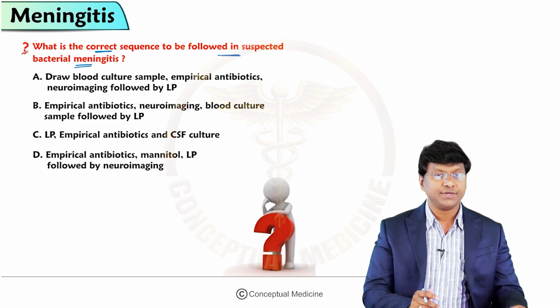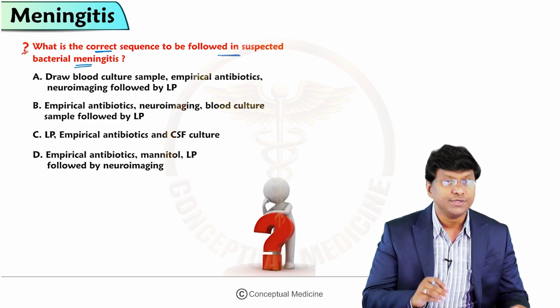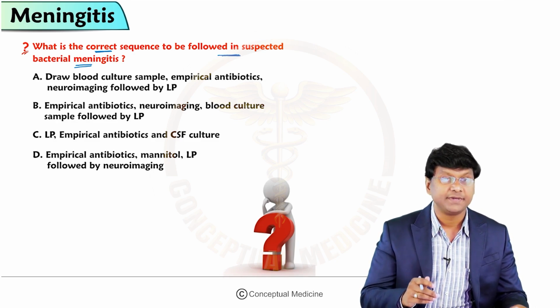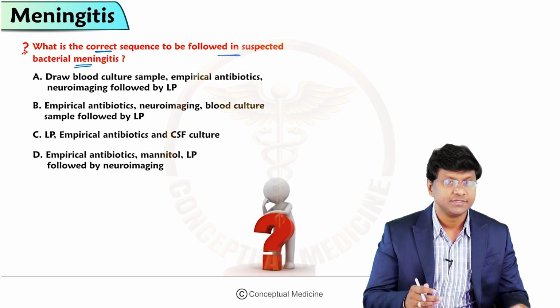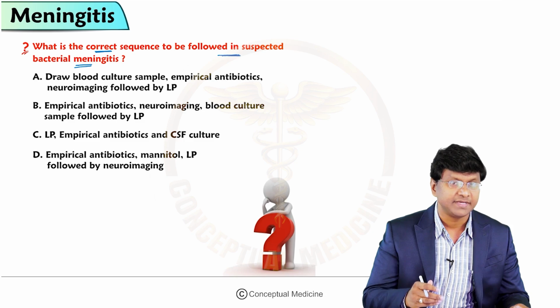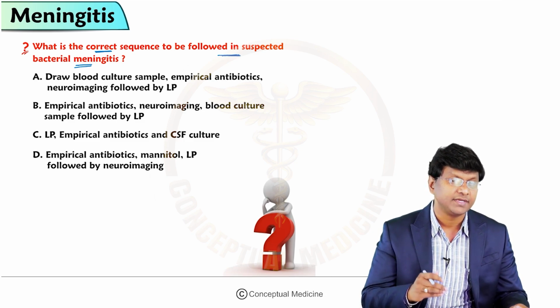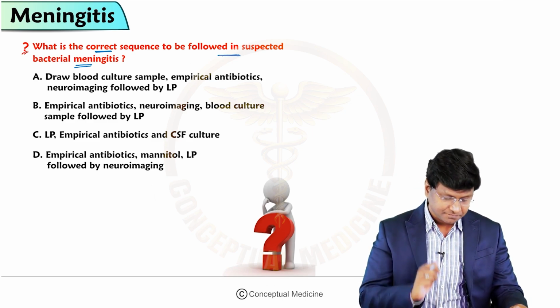First option, blood culture sample, empirical antibiotic, neuroimaging, followed by lumbar puncture. Second option, empirical antibiotics, neuroimaging, blood culture sample, followed by lumbar puncture. Third, lumbar puncture, empirical antibiotics and CSF culture. Fourth, empirical antibiotic, mannitol, lumbar puncture followed by neuroimaging.